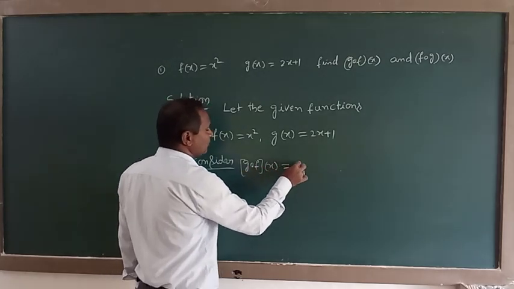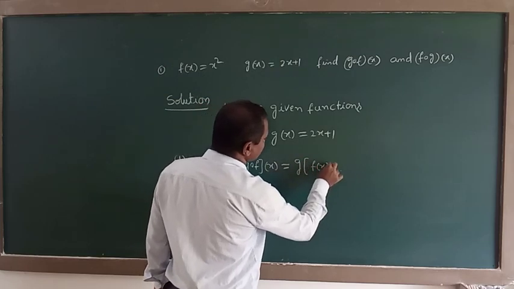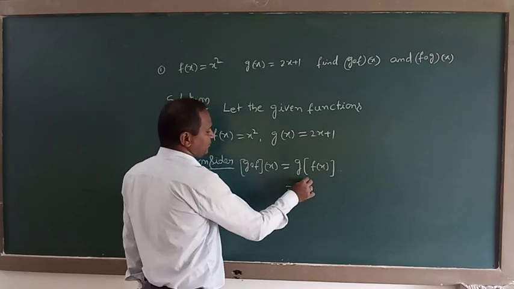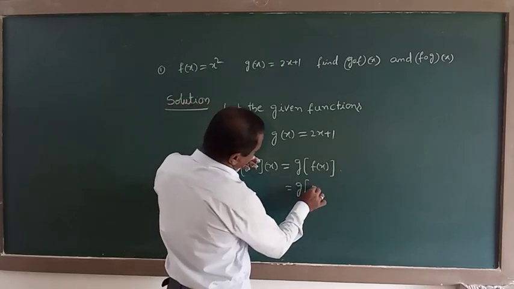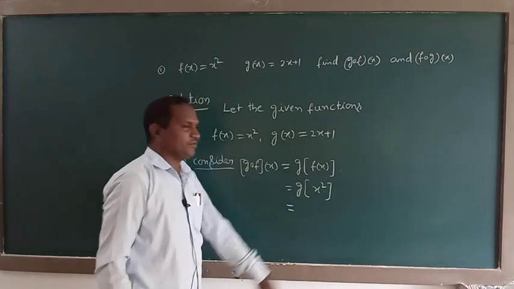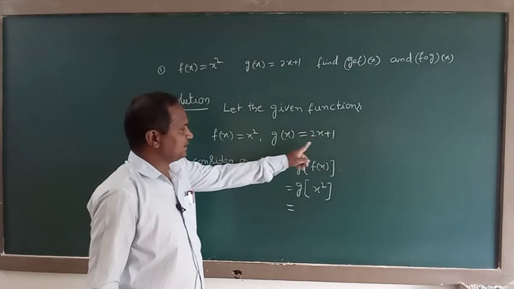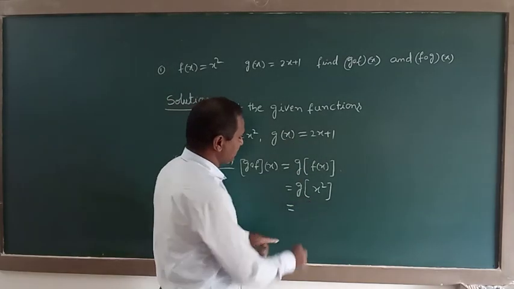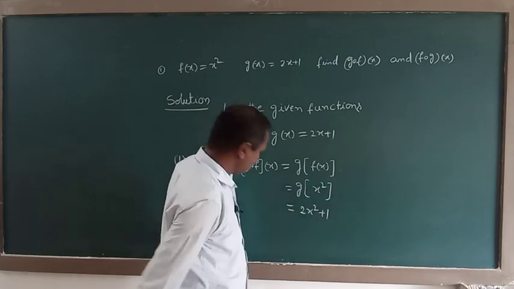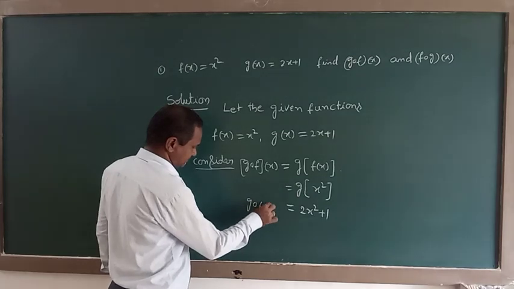What is g circle f of x? G of f of x. What is f of x here? x square. What is g of x? 2x plus 1. Here x becomes x square, so g of x square becomes 2x square plus 1. This is the g circle f of x.